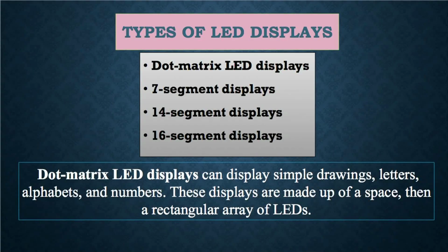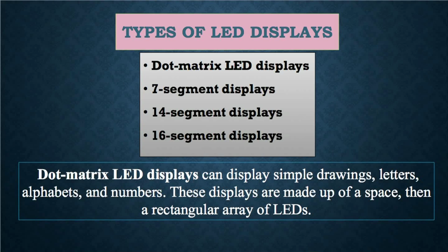Now let us discuss the different types of LED displays. LED screens can be divided into several varieties based on how they are built. All these types serve distinct purposes. So here are some examples.